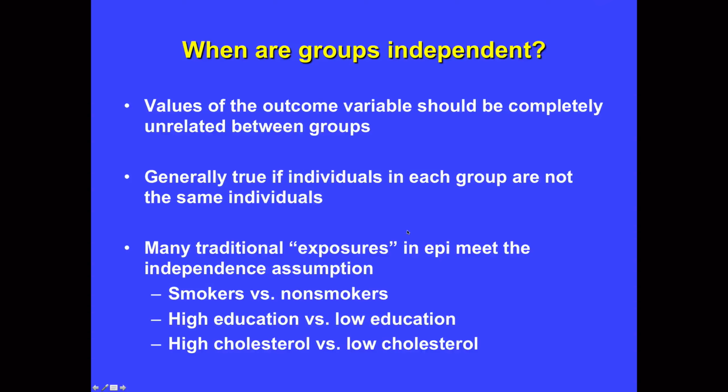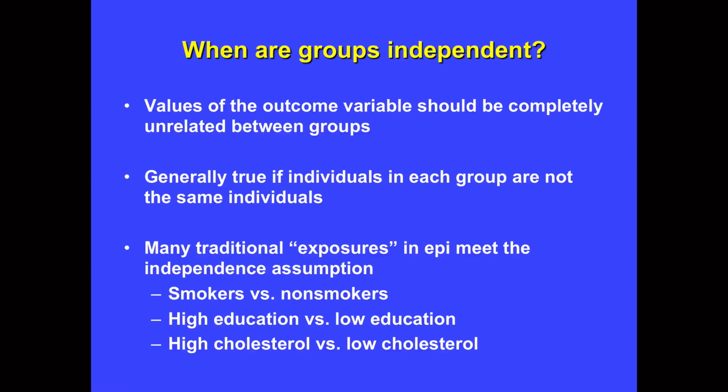Now, an important thing to be aware of in the context of two-sample t-tests is to make sure that the groups are independent. This means that the values of the outcome variable should be completely unrelated between the two groups. In other words, an individual's blood pressure in group 1 should in no way, shape, or form influence an individual's blood pressure who occurs in group 2.